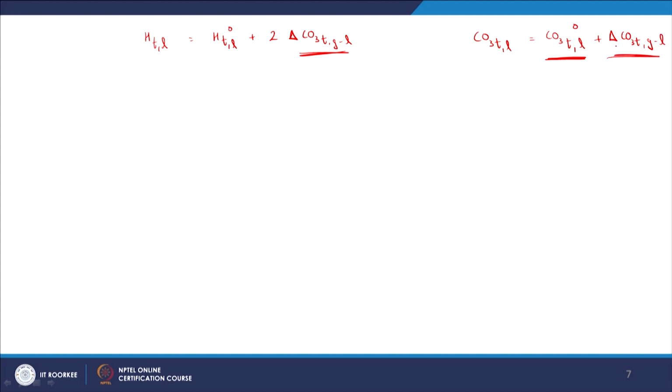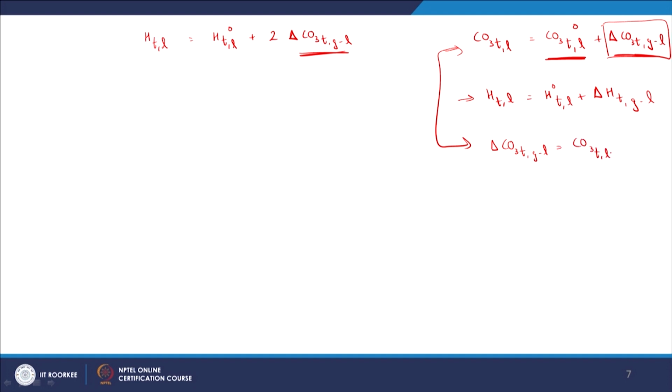Again this is similar to what we derived earlier with respect to H total liquid is going to be equal to H total initially in the liquid plus delta H total change from gas to liquid, right, more or less the same here. So now we have this particular variable, and so continuing from here, delta CO3 total gas to liquid is going to be equal to CO3 total in the aqueous phase at equilibrium minus CO3 total initially in the aqueous phase.